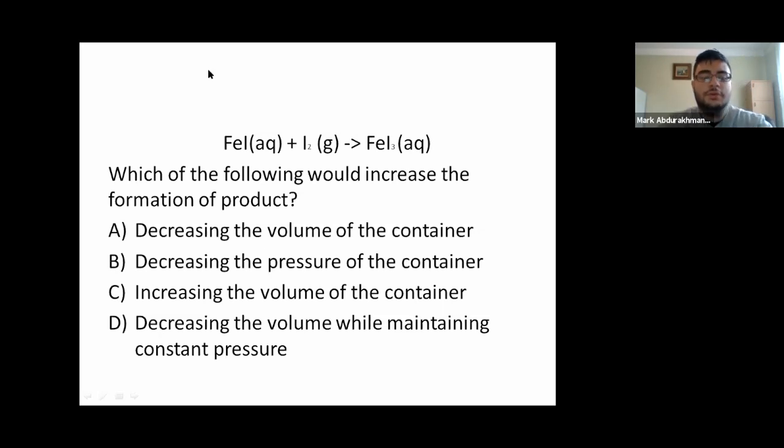And for this one, remember the ideal gas law, which I will put in chat. There you go. P is pressure, V is volume, N is moles, R is a constant, T is temperature. So that's kind of a hint. Ideal gas law is important for this question.